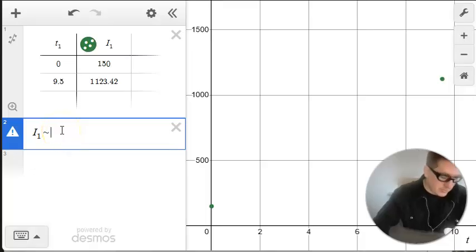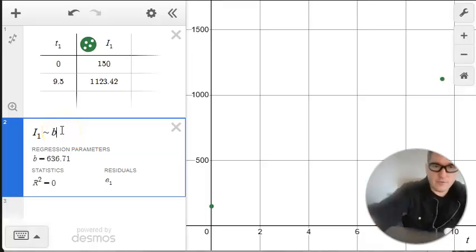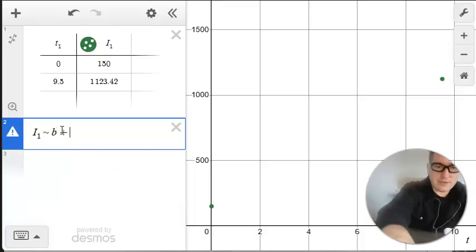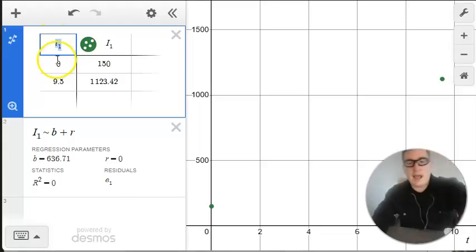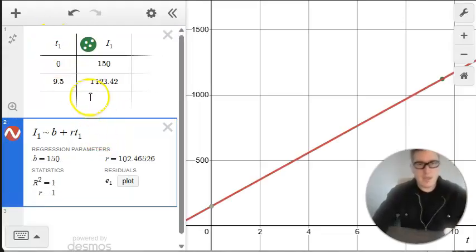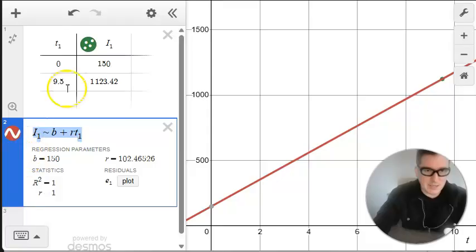And you can use the names of what was given to you, B and R, and then instead of writing T, I'm going to have to copy and paste that here. And what that tells Desmos is, hey, use the values in that table. This is the X values of that table, and that's the Y values of that table.